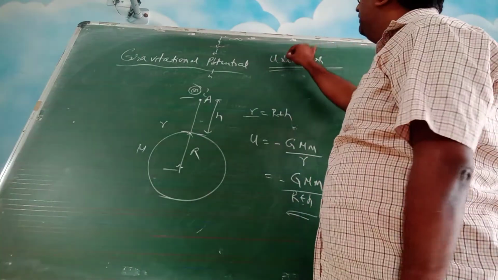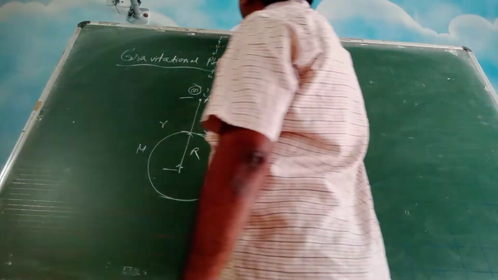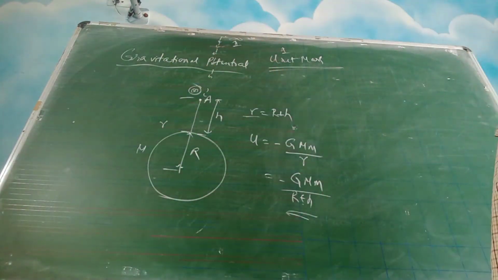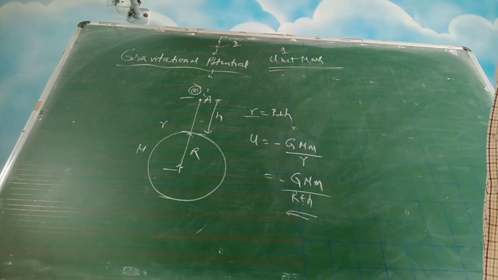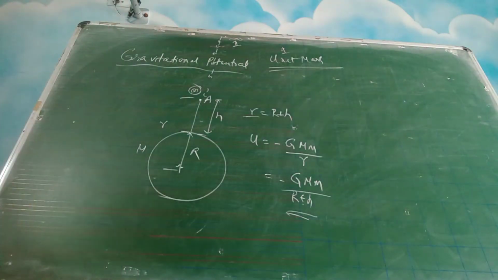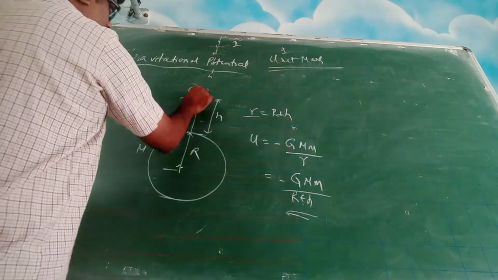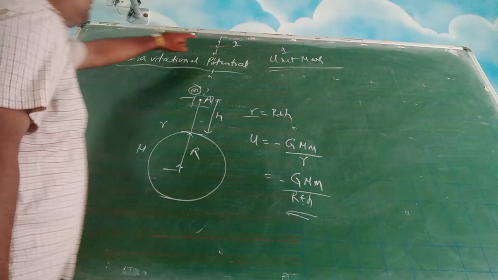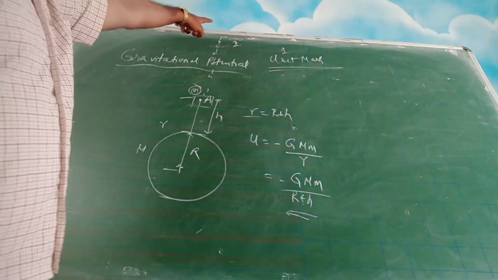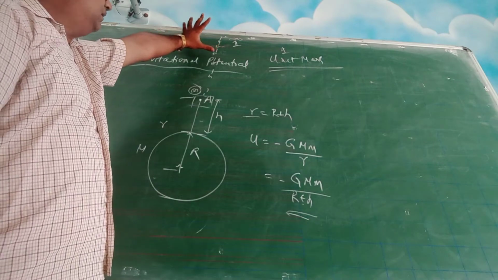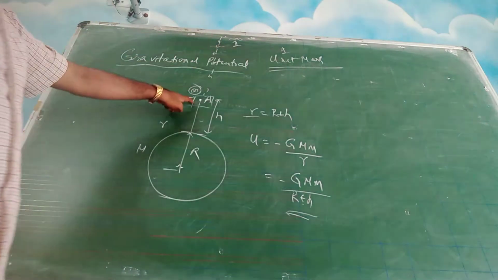I bring unit mass. Unit means 1. So what is the amount of work done? That is called gravitational potential at this point. Let us say you are bringing that unit mass from infinity, very far off distance, to this particular location.